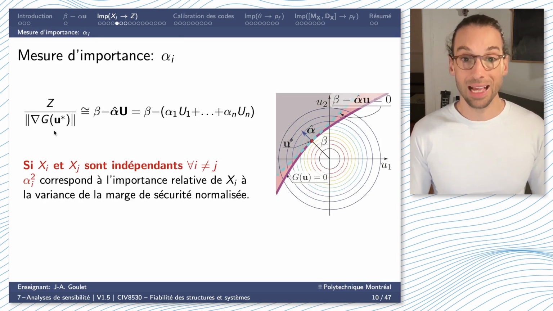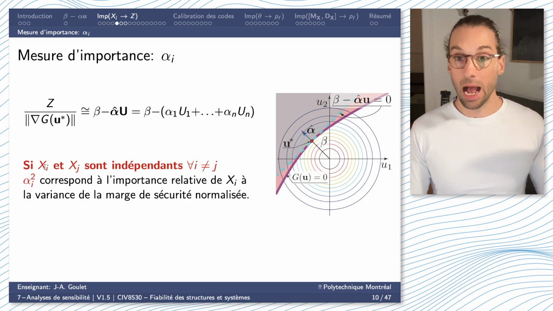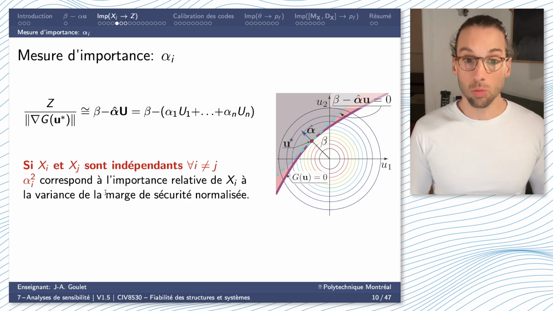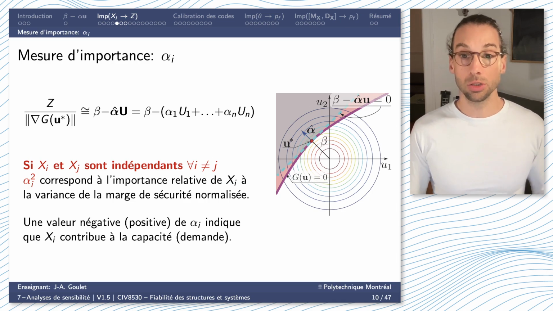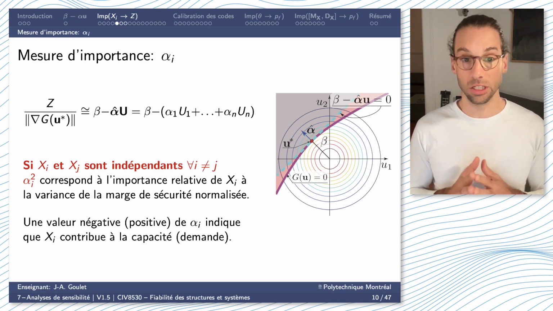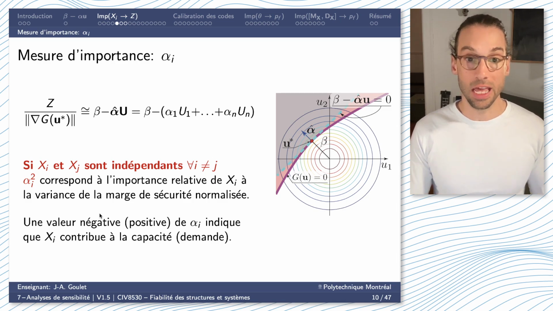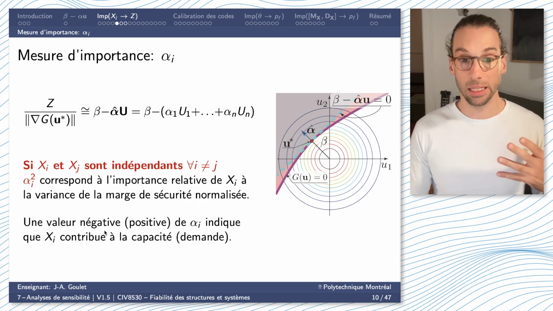So if xi and xj are independent for all i not equal to j, this alpha square is my importance measure, which measures the contribution of my ith variable to the normalized safety margin. And here we can also interpret the sign of these coefficients. When we have a negative value for alpha, it's a sign that the variable associated with it contributes to the capacity.